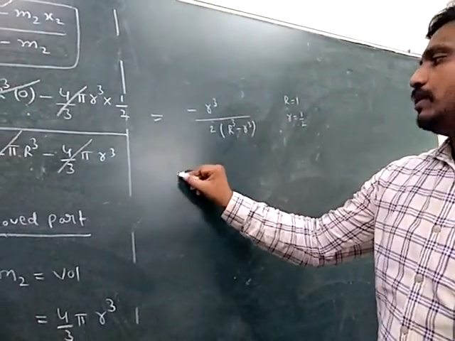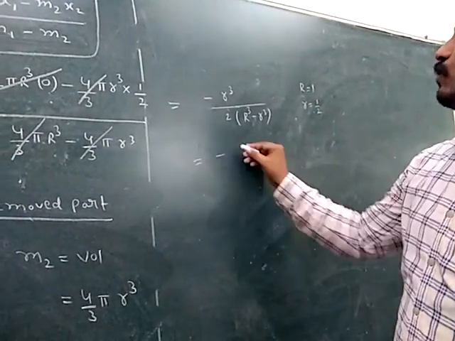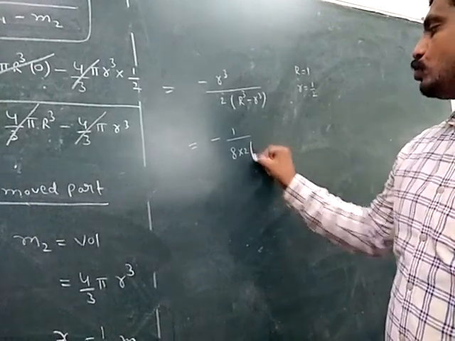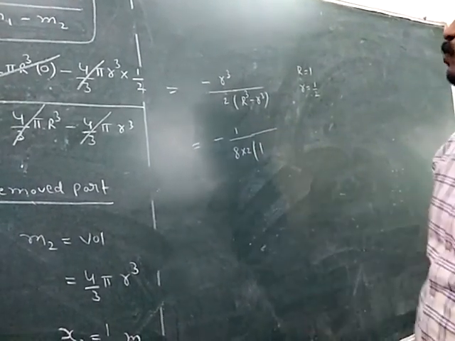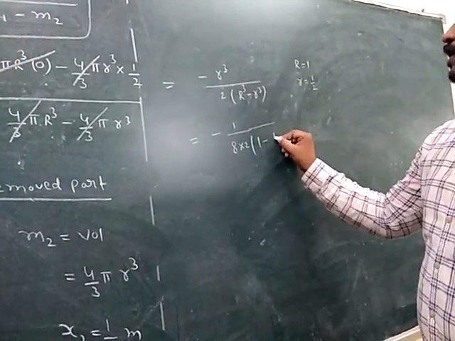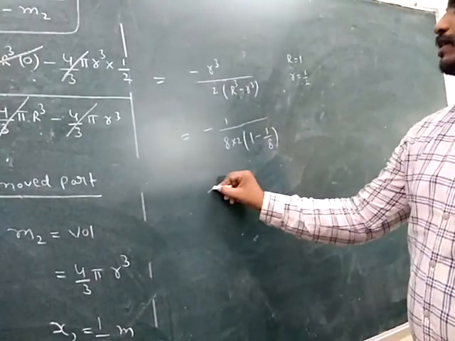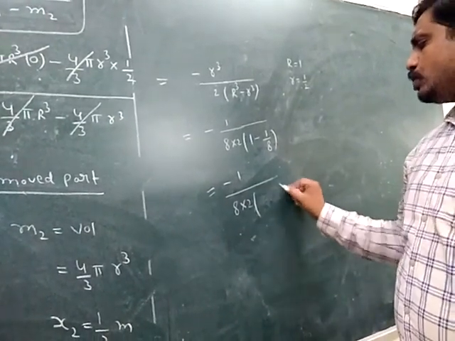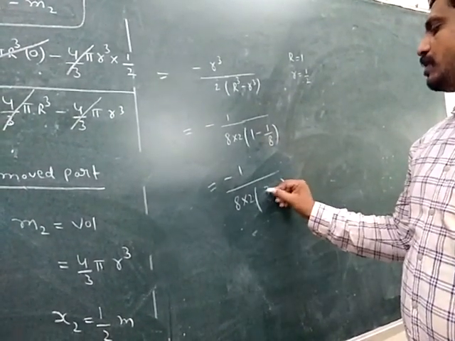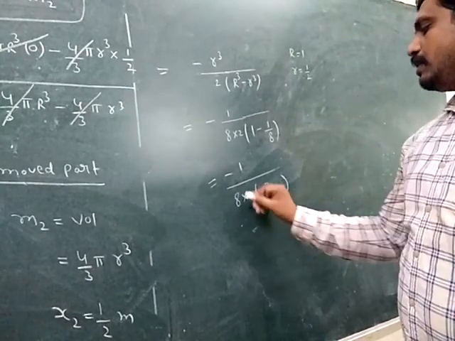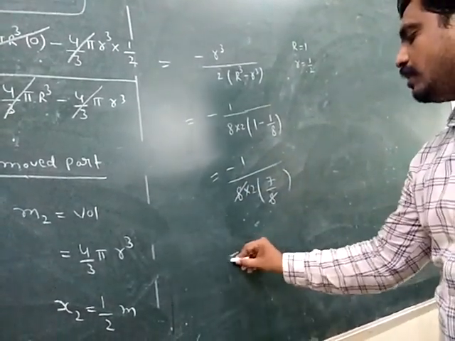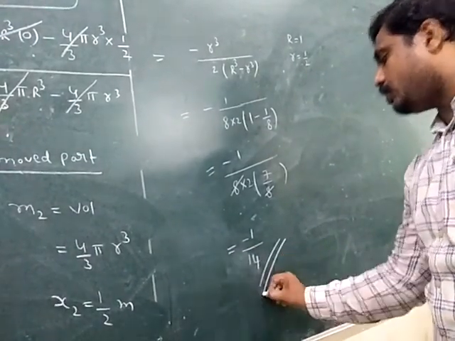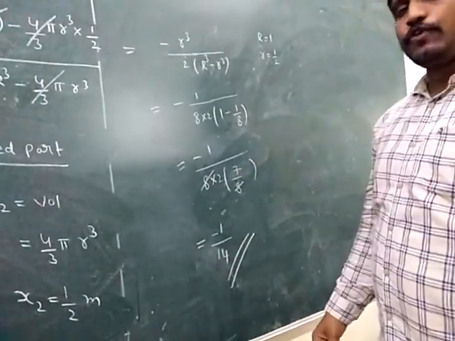Now substitute small r value 1 by 2. 1 by 2 whole cube is 1 by 8, into 2, into capital R value 1, 1 cube is also 1. 1 by 8 minus 1 by 8 into 2 into 1 minus 1 by 8, that is 7 by 8. 8 cancels. Finally we get minus 1 by 14.